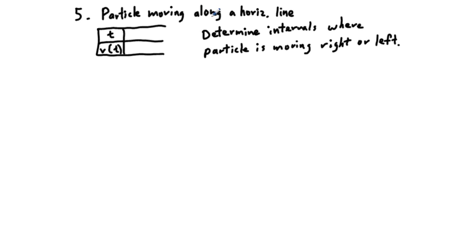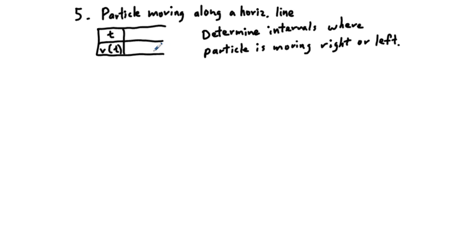We're going to have a particle moving along a horizontal line, given by a table where you have t in one row and v of t, the velocity, in another. Based on the numbers in v of t, you'll have to determine if the particle is moving right or left.